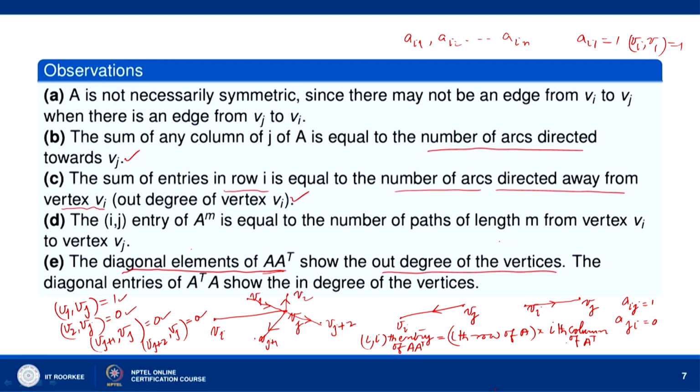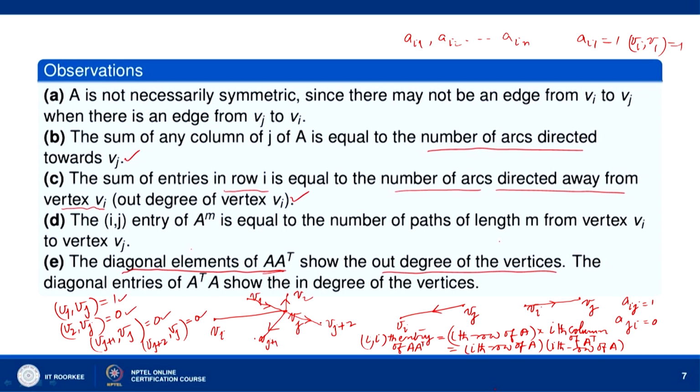The ith column of A transpose is the ith row of A. So, the ith row of A, if it is ai1, ai2, ain, then the diagonal element ii will become ai1 square plus ai2 square and so on up to ain square.